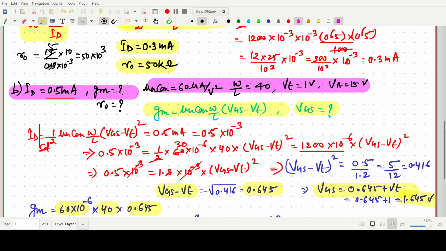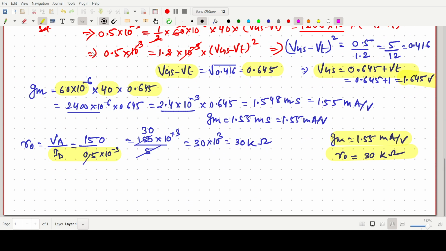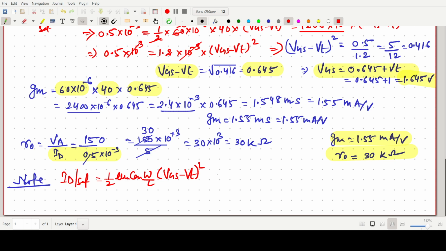For this I am also writing a note. If ID in saturation is given as 1 by 2 mu n COX W by L VGS minus VT whole square, now for the transconductance we have to do del ID by del VGS.